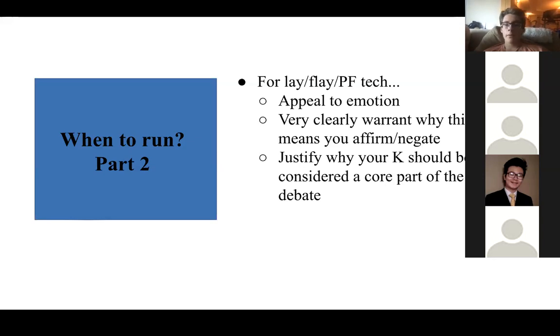And what I mean by justifying why it's a core part of the debate is you need to explain why the critique that you're presenting is in fact something that is super relevant to the topic. So on the Orientalism topic, this would be a great idea on a Middle East topic, right?